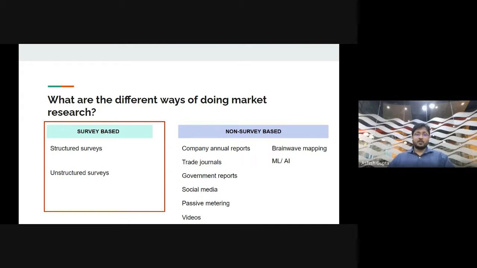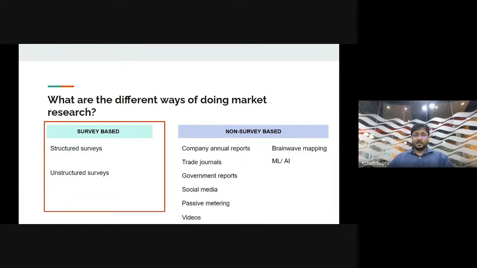But having said that, while you've got so many ways of doing research, all of these do not sit in isolation. While structured surveys, and that's more of a discussion for today, or quantitative surveys, try to understand some of those nuances around how consumers behave or what consumers do and why, obviously you would need to use a mix of these different survey and non-survey based approaches to be able to answer the questions.